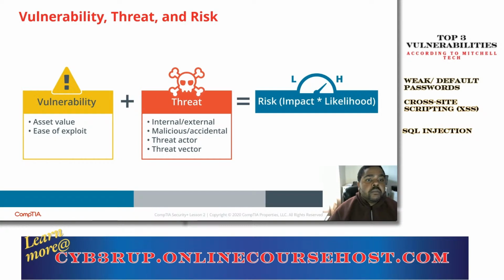So we just want to make sure that we understand that whenever a vulnerability is there for, let's say, a server, for a different example, and then a threat, a hacker, is out there snooping around the network, the probability or likelihood of being hacked, that risk, is very high.